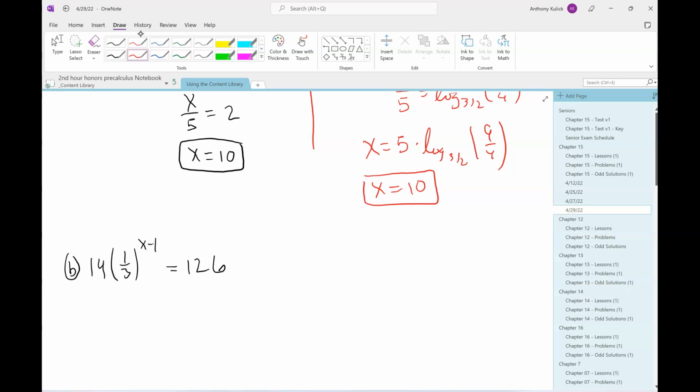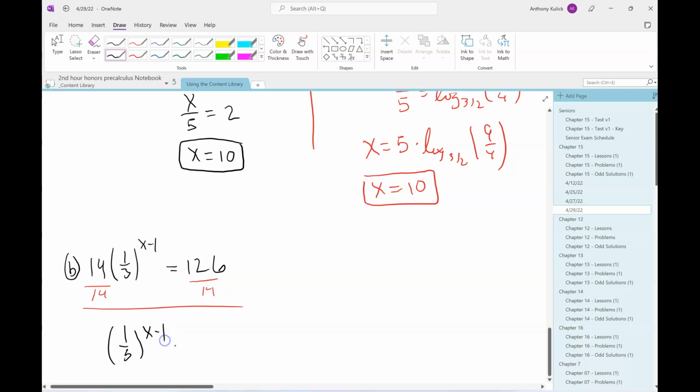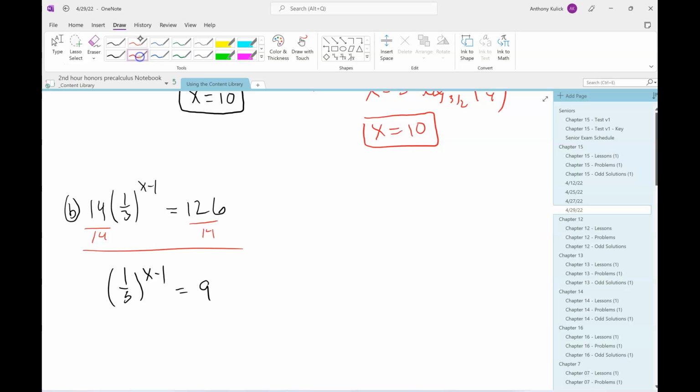All right. Next example. First thing you want to do is divide by 14. Very good. Okay. So one way we could do this is try to rewrite 9 as an exponential with base of 1/3.